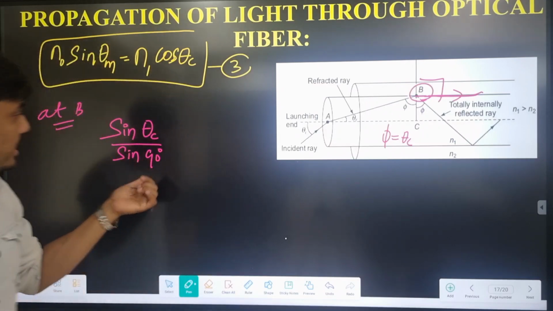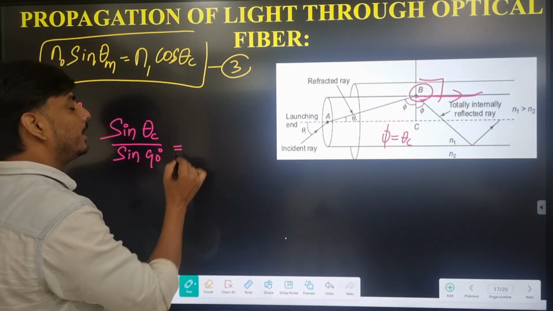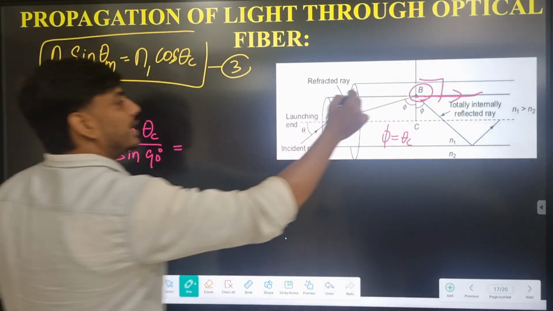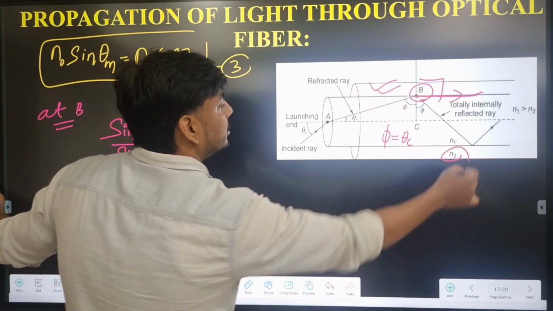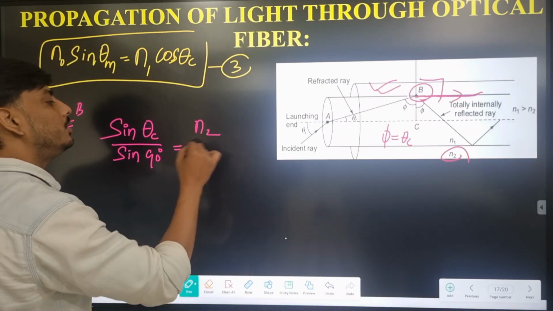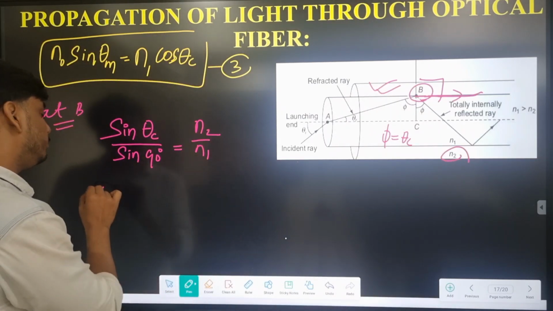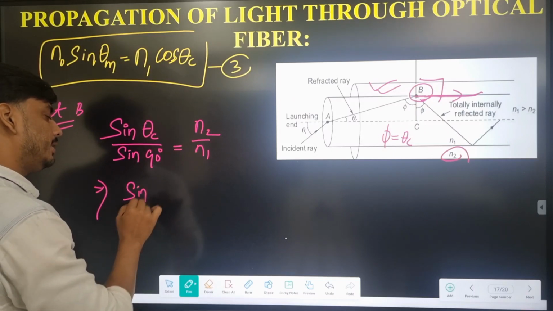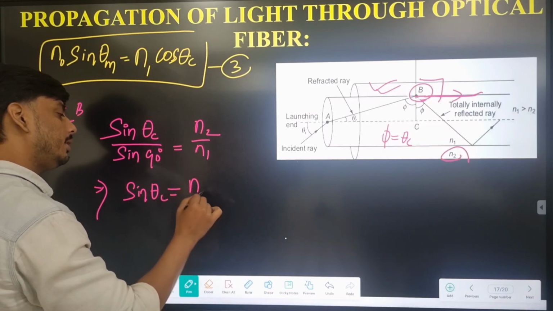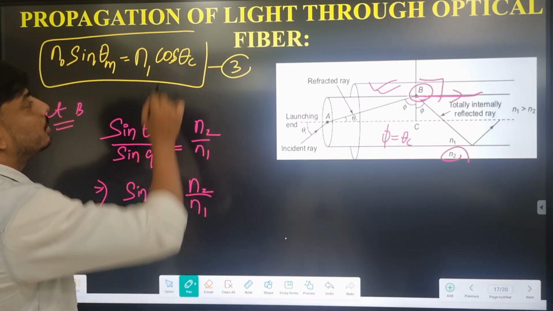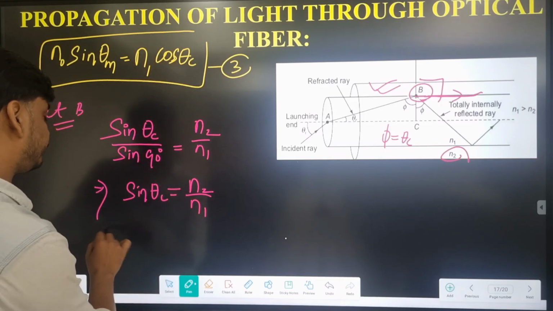So we are going to use that value: sin theta c over sin 90 degrees equals n2 by n1, the second medium being the cladding, and sin 90 you already know is 1, so sin theta c equals n2 by n1. But we need cos theta c here.